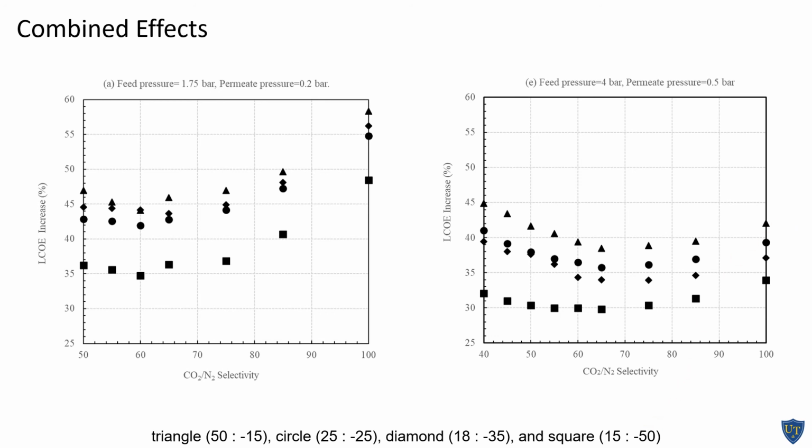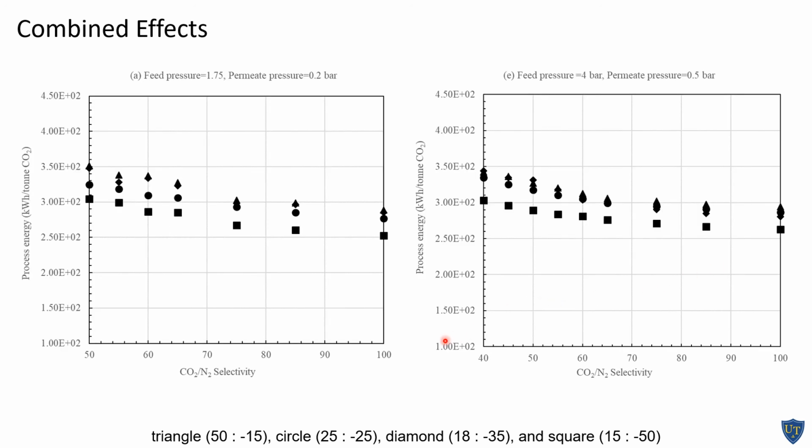What we see here are the trade-offs between operating and capital costs. What's shown here is the energy requirement in terms of kilowatt hours per ton of CO2 captured for the cases we just looked at, for the two different operating pressures as a function of membrane selectivity, and for these 4 different choices of liquefaction conditions. As we increase the selectivity, we see a reduction in the energy cost for both cases.